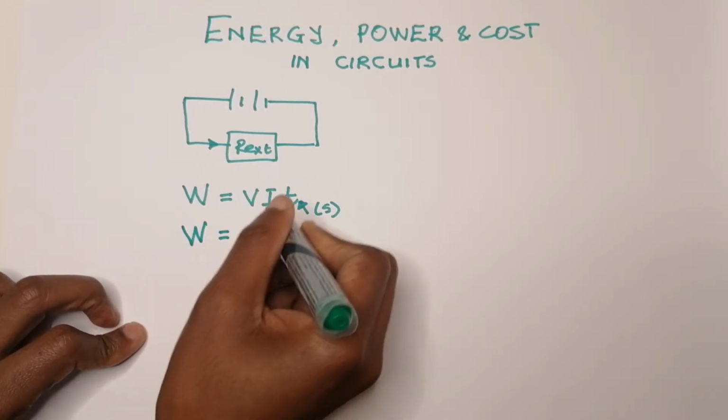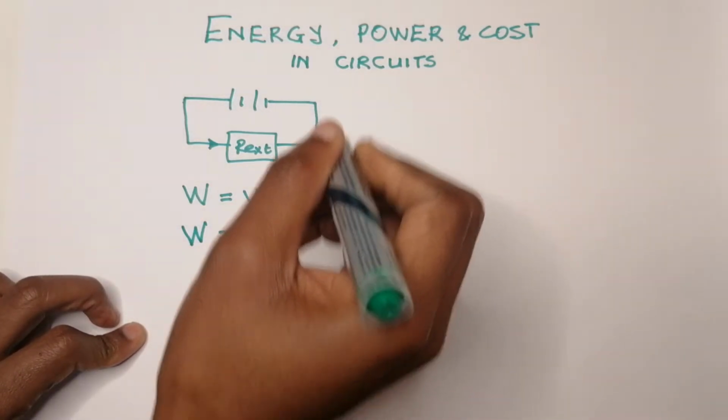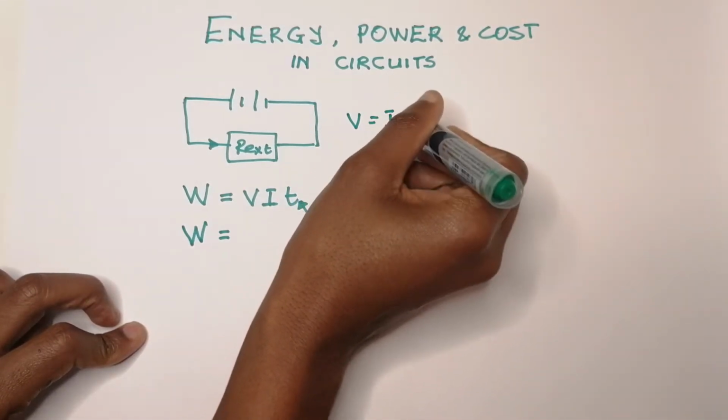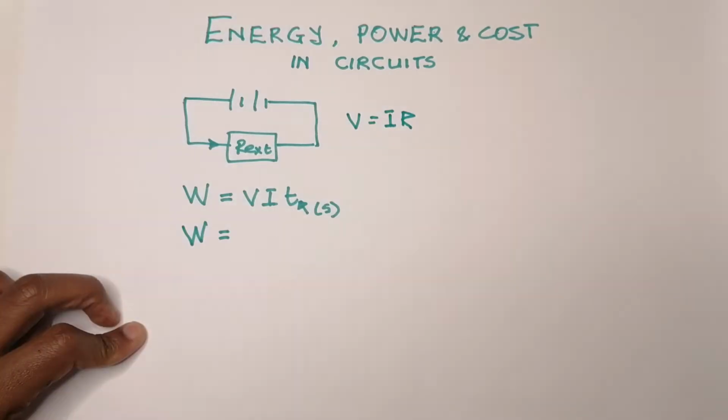By the way, there are three equations for energy. You know that voltage equals current multiplied by resistance, according to Ohm's law.